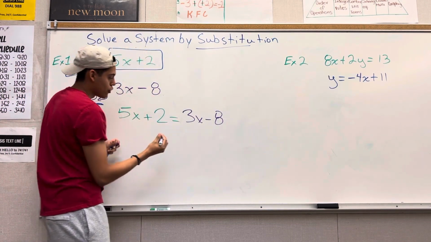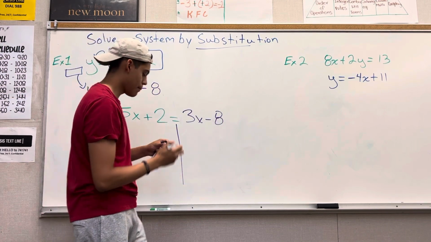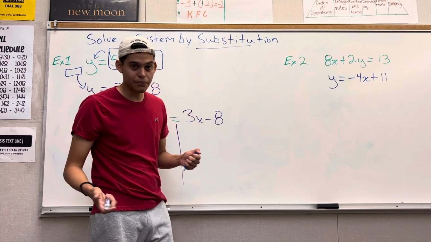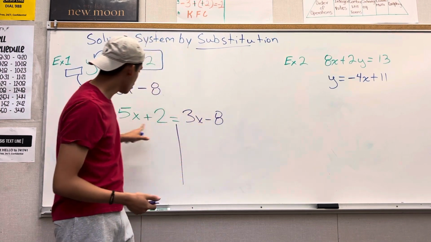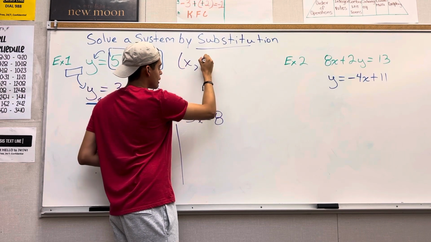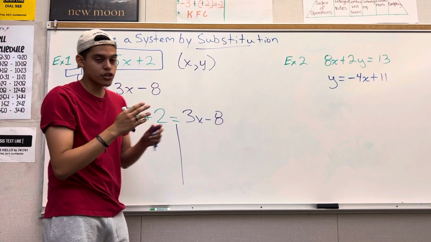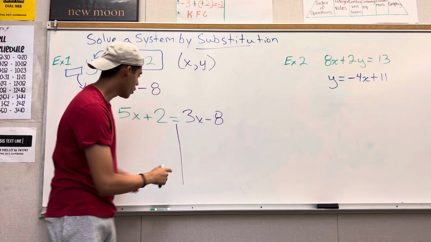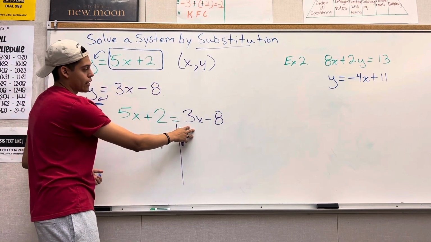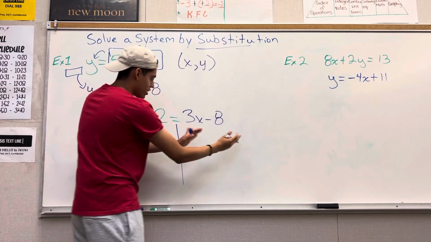Now, I don't know if you guys have watched our previous videos, but we talked about two-step or multi-step equations on trying to find what x equals, because at the end of the day, we are trying to find what x comma y is, and where the two lines intersect. So right here, hopefully you guys remember how we want the x's on the left and the regular numbers on the right.